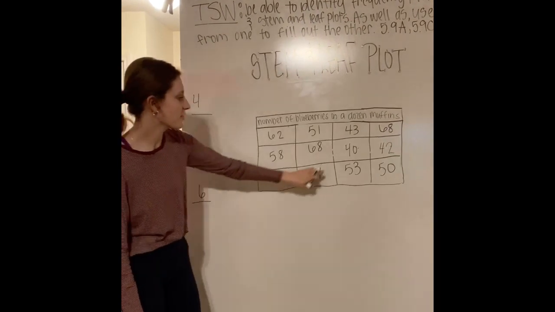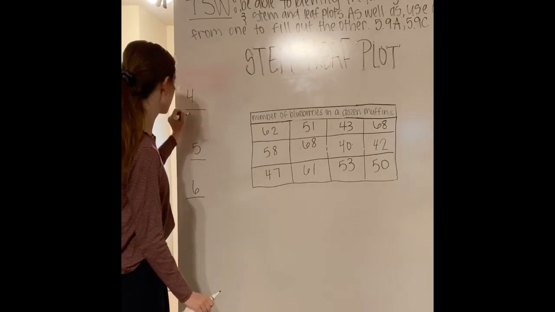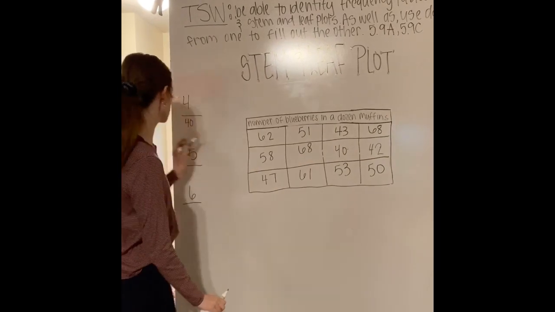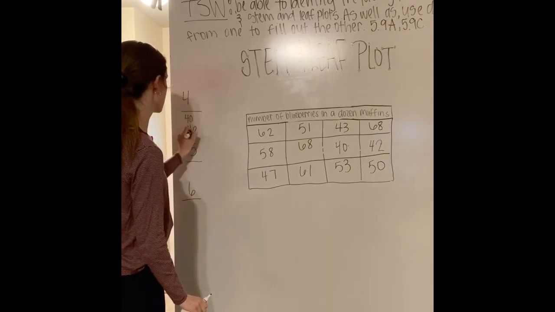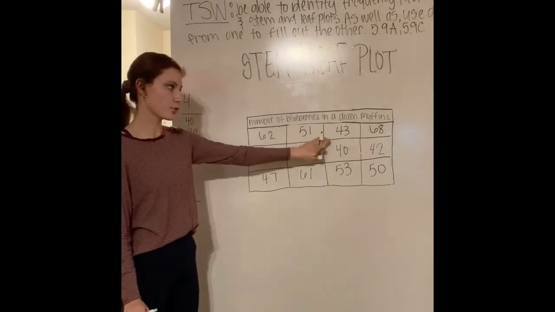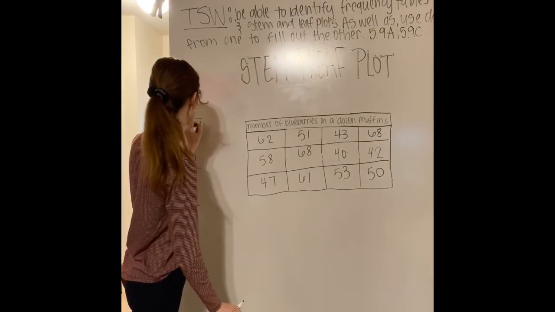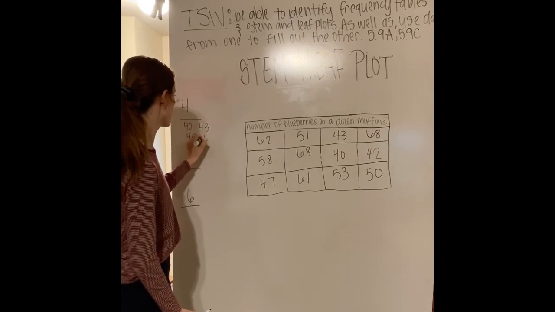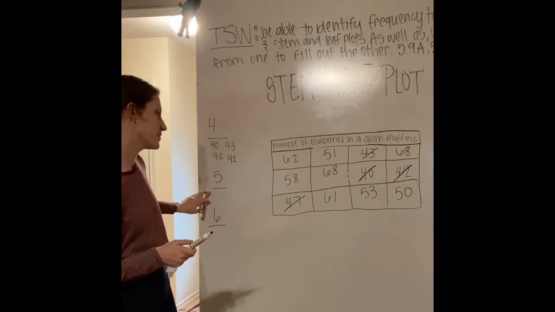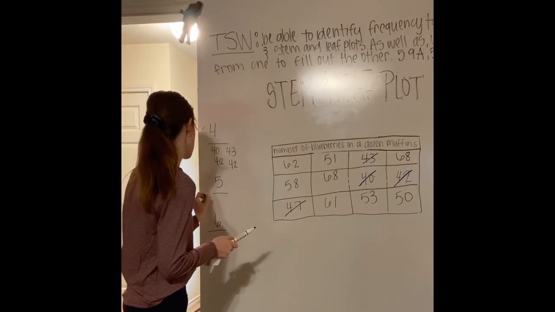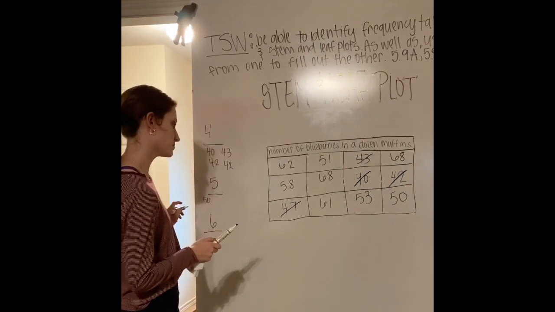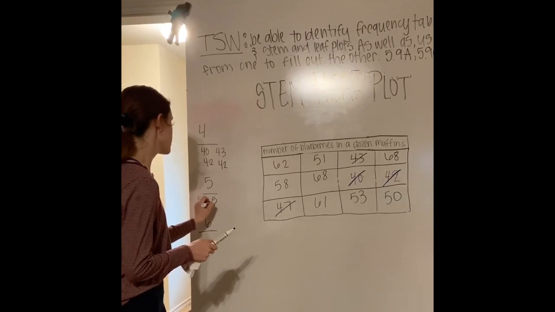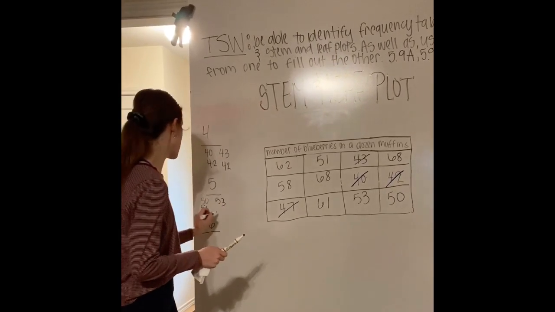As you can see, we have a 40, a 42, a 43, and a 47. And now for our 50s, we have a 50, a 51, a 53, and a 58.